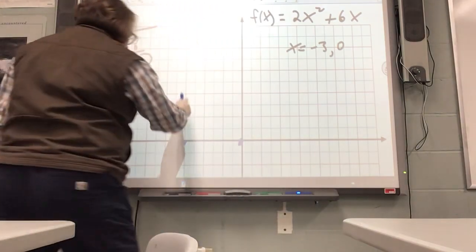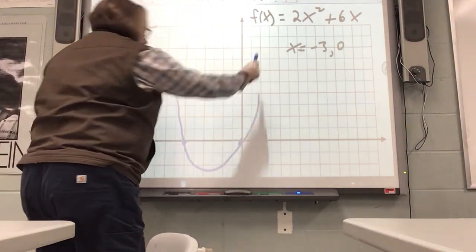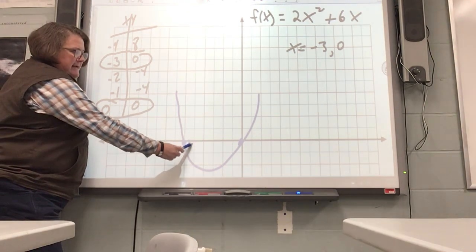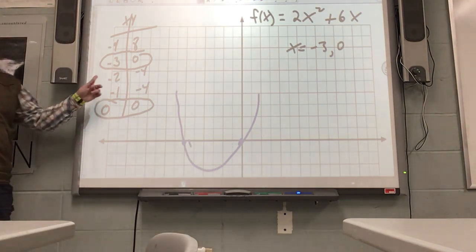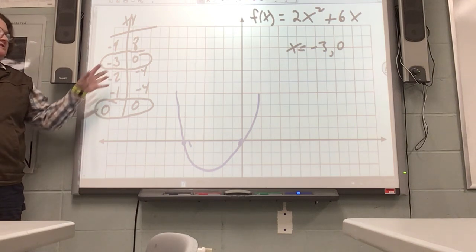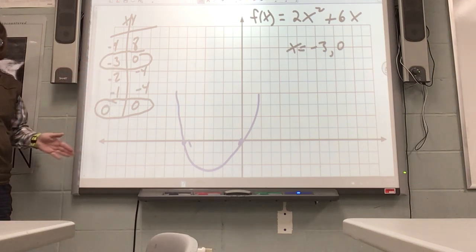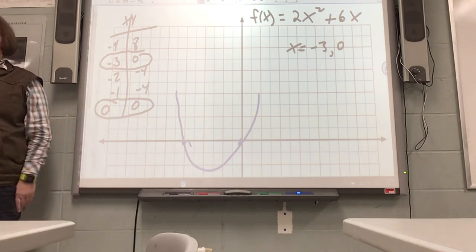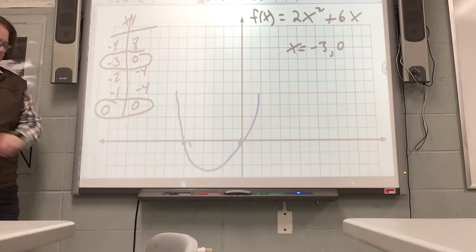What if it crossed right here? Would that show up on my calculator? It would. Our calculators default to just those whole numbers. Oh, okay. So that's why we're gonna learn other methods. Everybody all right with that?